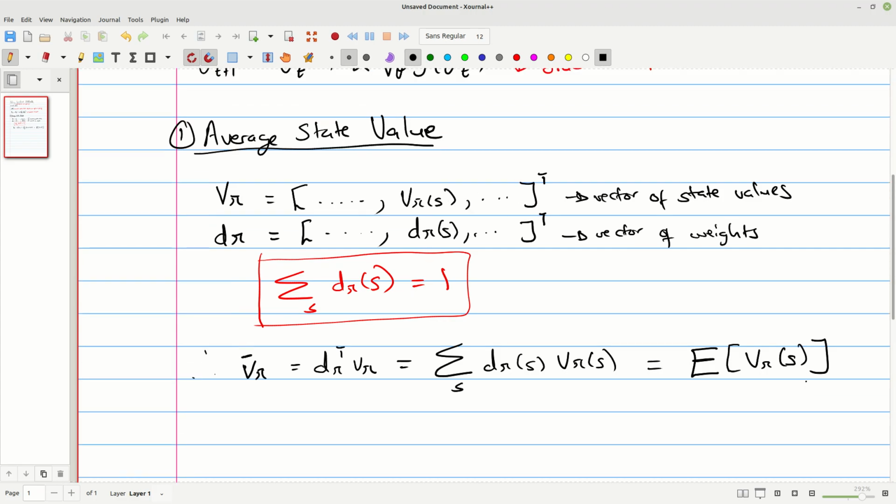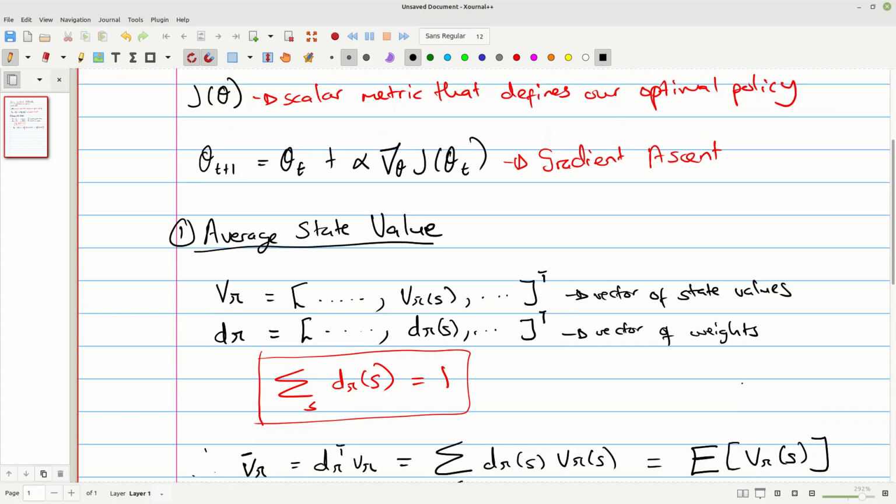Again, this is just a vector of weights to show how important each state actually is, because some states are going to be more important than others. And how we actually determine that, we're going to look at. The other thing here is that we defined our average state value, so this is essentially the metric that we try to maximize.